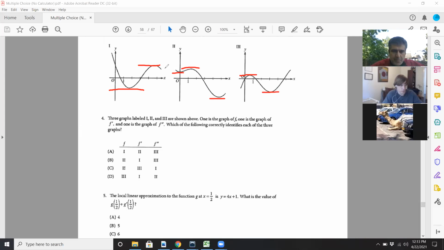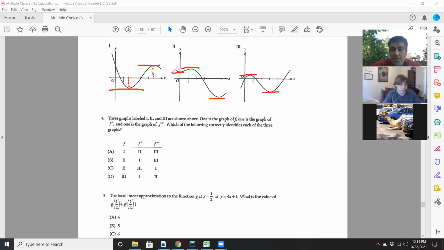So for example, what if 1 were the original graph? Then I have horizontal tangents at like 1.5 and like this is 2, 3, 4, and probably like 4.5.